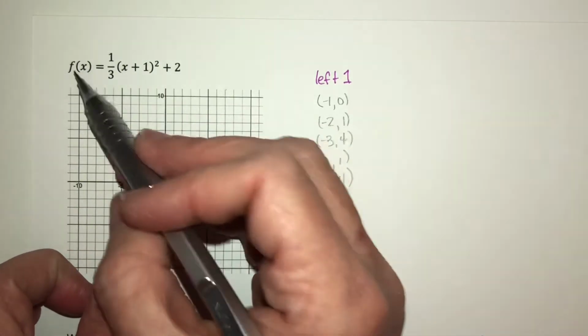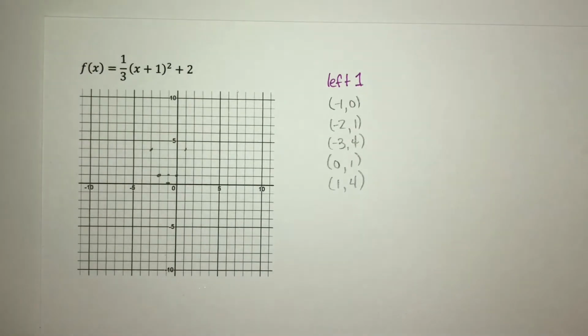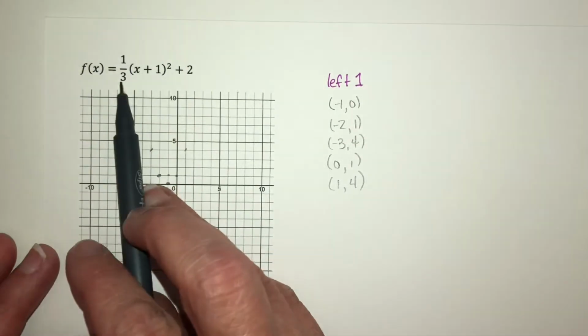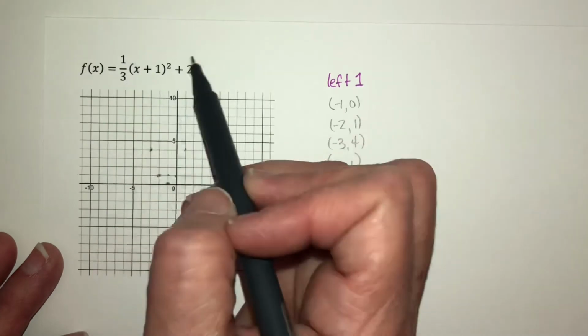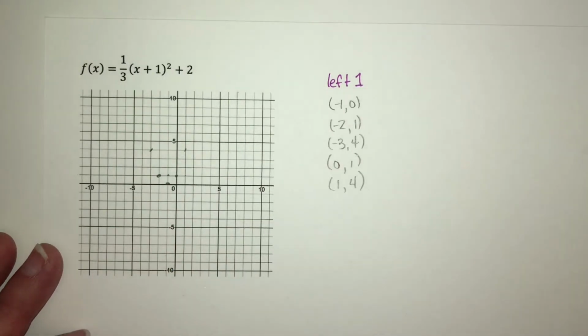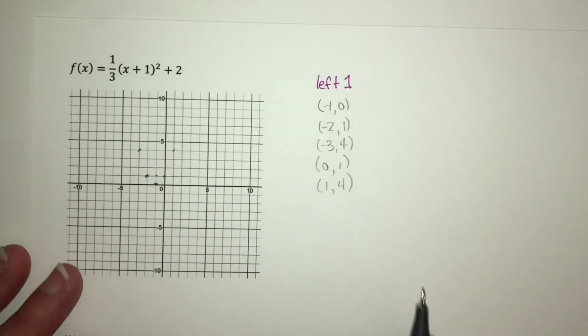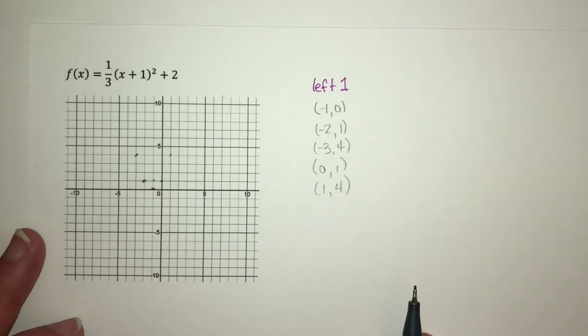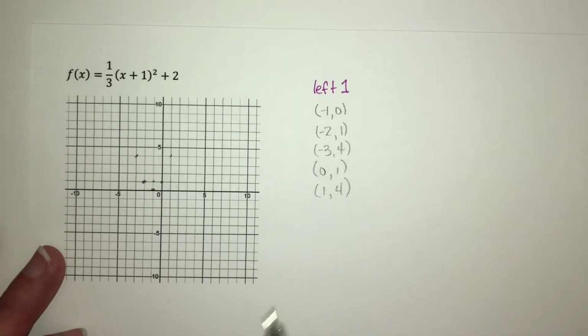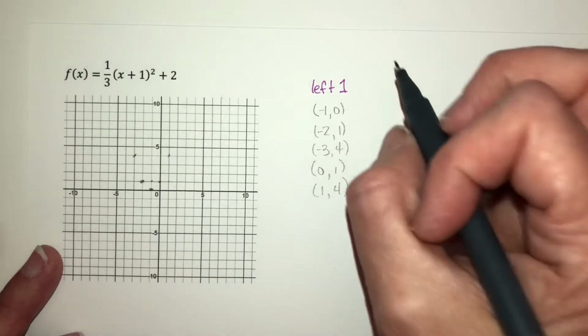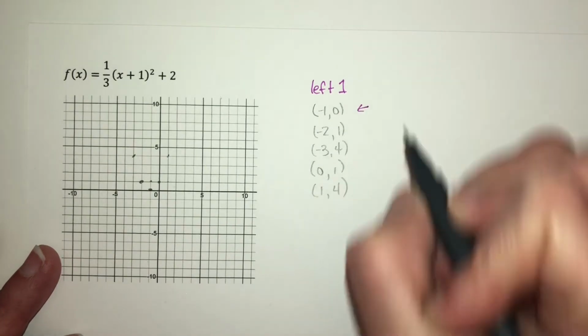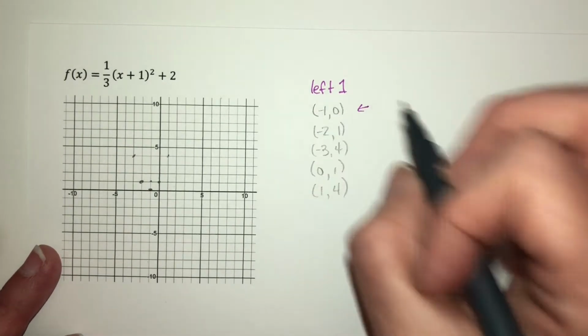That's after shifting it left 1. Now I need to multiply here. This is outside of our square, so it is a change to the y. Okay, so this is a vertical compression. So I'm going to multiply the y-coordinate of each of these by 1/3.